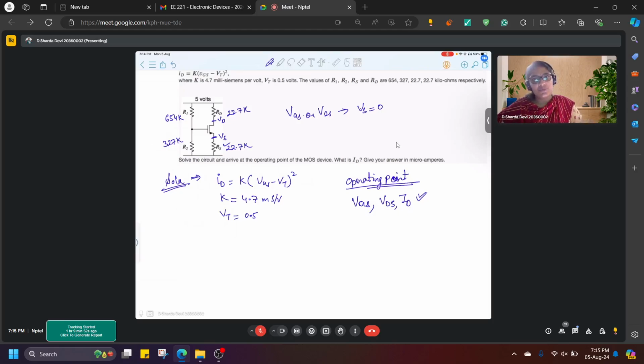These are the operating conditions. And based on these, you will find the region of operation also. So first you need to identify VGS and VDS, define the region of operation, and based on that, you will again find the current using the formula required.